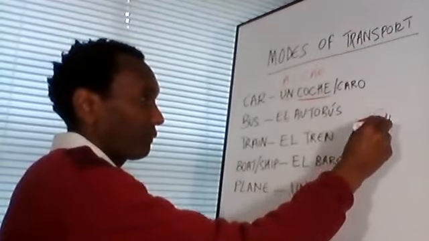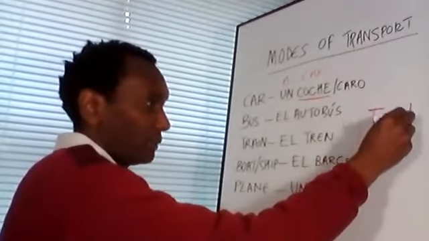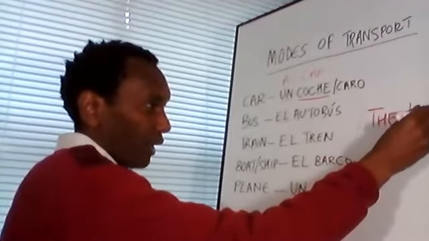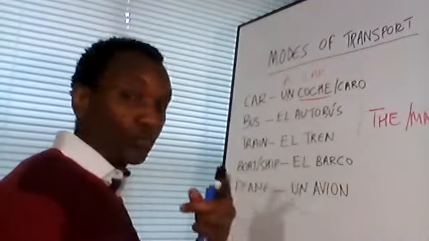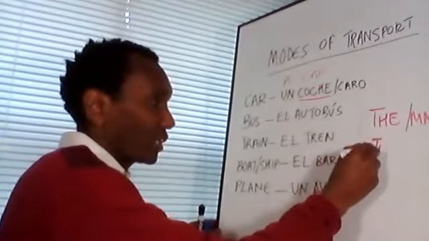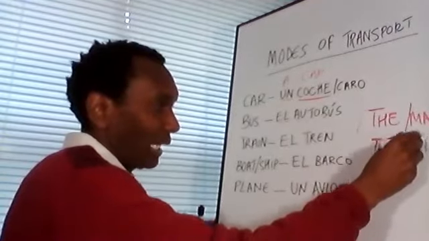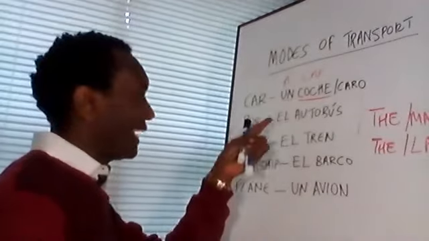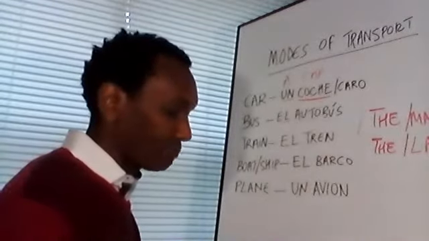And that's the masculine the. We also have the feminine the, which is usually LA, la. So when you see EL in front of a word, just know that word is masculine.